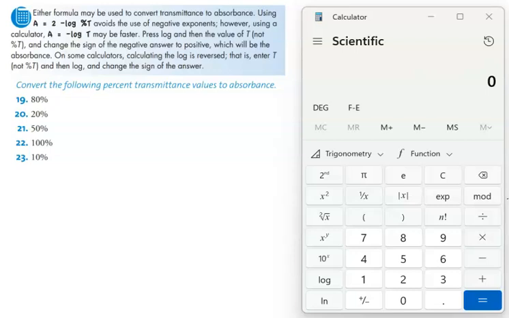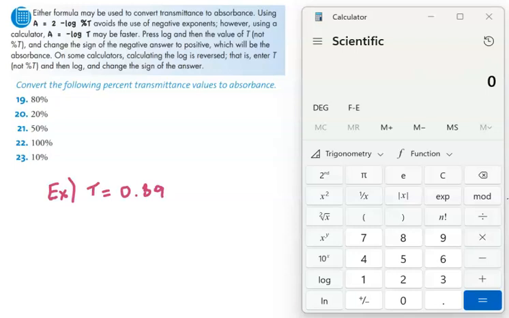The very last example I want to show you is an example when we're given our transmittance as a decimal. So T equals 0.39.